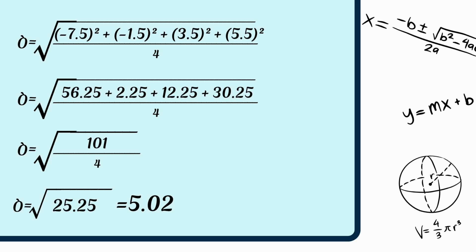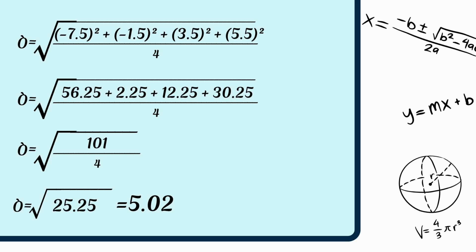Divide the sum of squared deviations by the number of values n, which is 4. 101 over 4 is equal to 25.25. Take the square root of this result to find the population standard deviation.